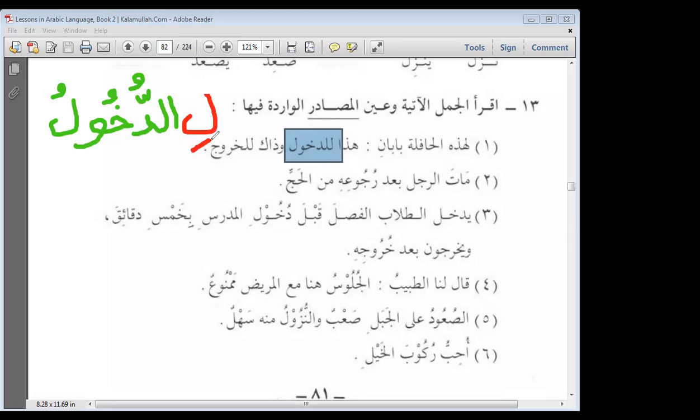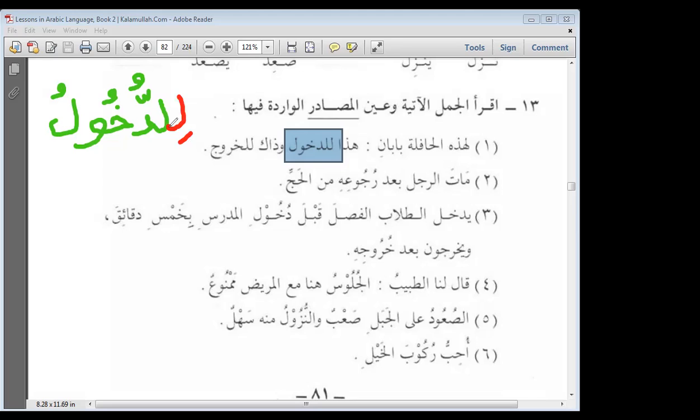So when this lam is prefixed onto a word that starts with alif lam, what happens? This aleph is lost. The aleph is lost.